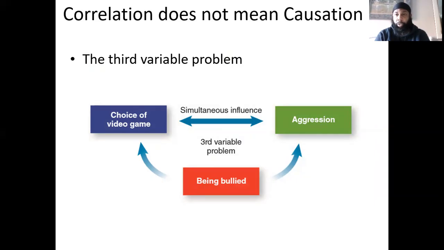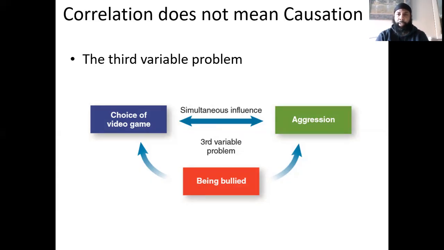You have to do other statistical tests in order to determine what the actual cause is. And that's when you get into experiments. Correlations and correlational studies are good because they tell you where first to look. So if I was doing a study and I found out that most of you were playing violent video games and, as a result, most of you were aggressive, it tells me I need to start looking into what else might be going on to cause this.